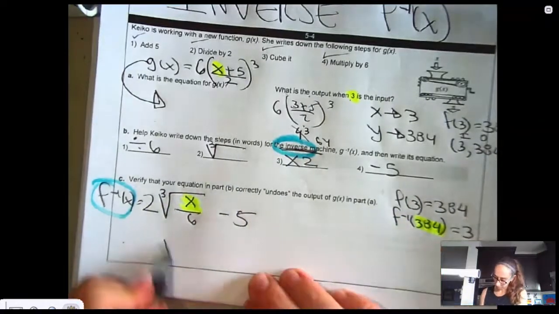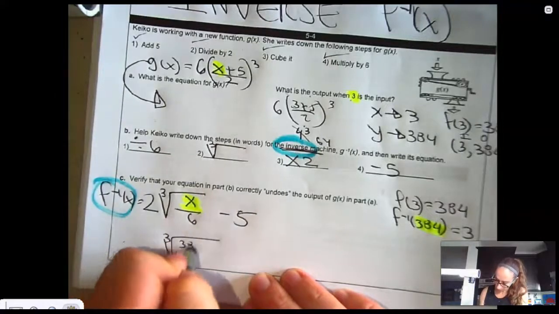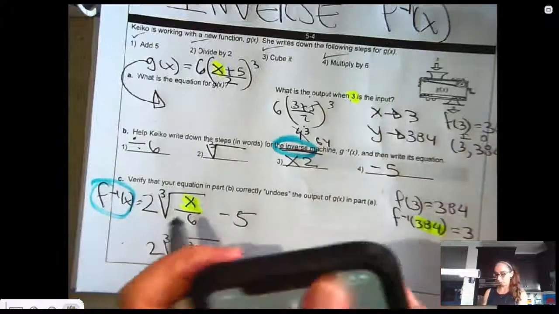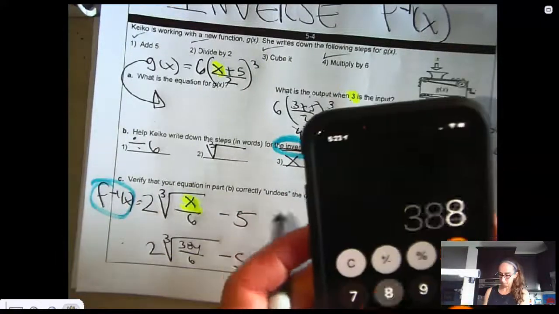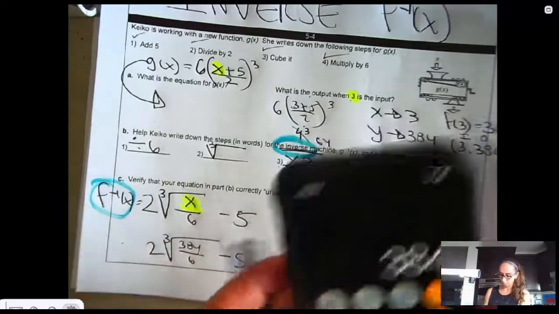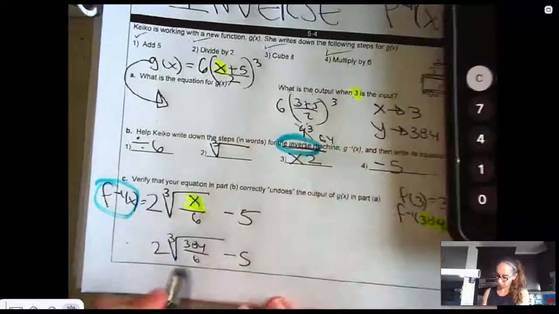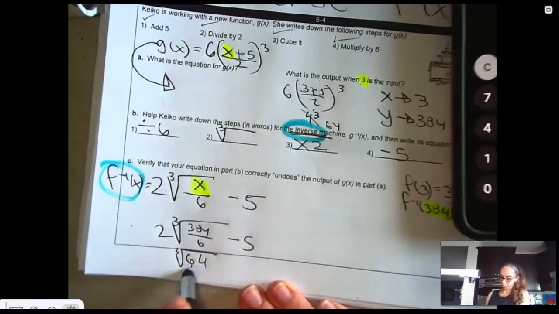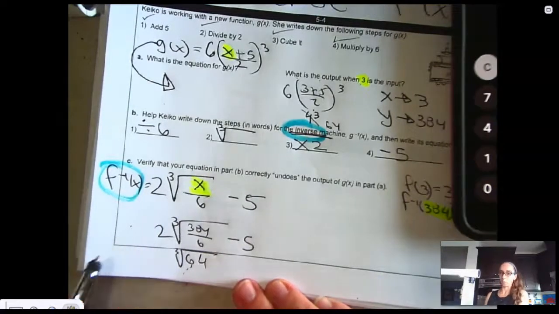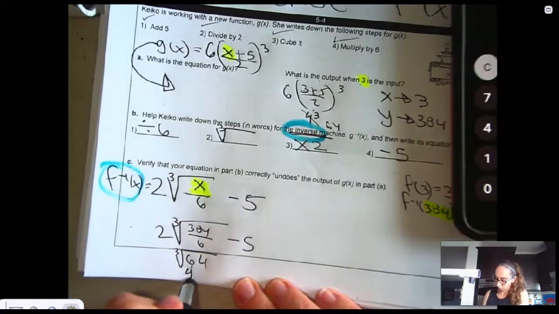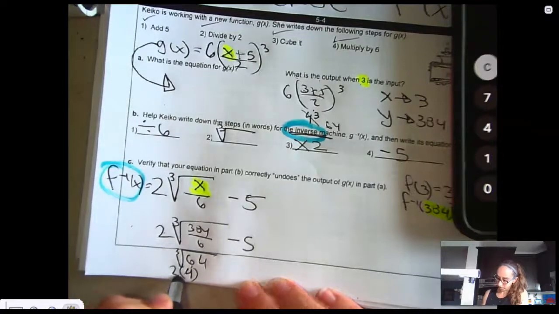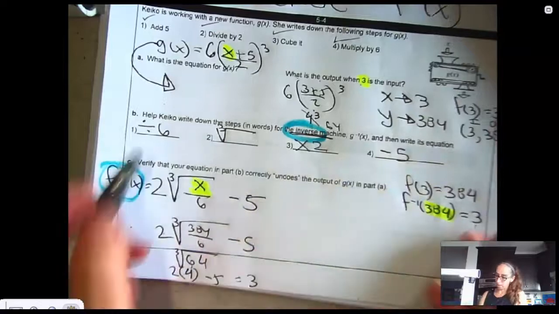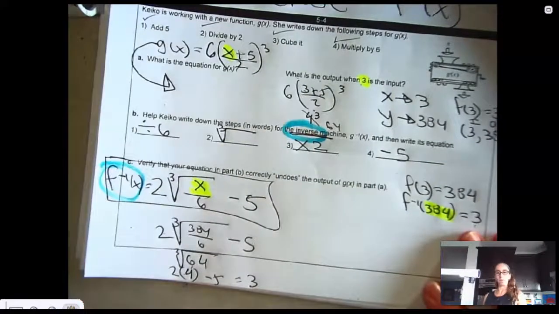So let's see. 384 divided by 6 is 64. The cube root of 64 means what times what times what is 64? That's 4. Times 2 is 8. Minus 5 is 3. Oh, that means that this is the inverse of that.